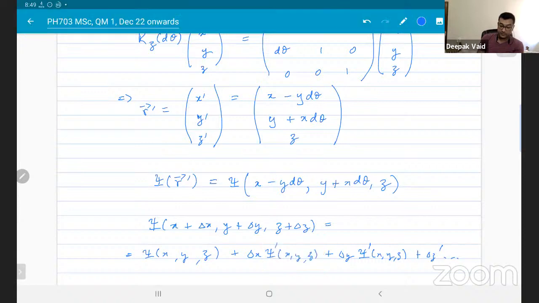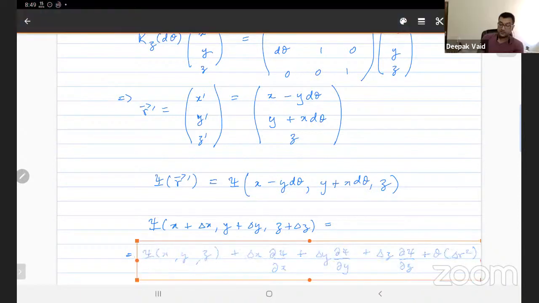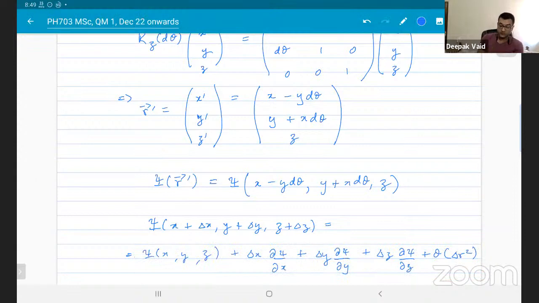In the next term, you have to take this derivative. Now this derivative has to be what? Therefore, delta x, it has to be d psi by dx. This has to be d psi by dy. This has to be d psi by dz. Right? This is the Taylor series expansion for a function of more than one variable. Okay? Is this point clear?